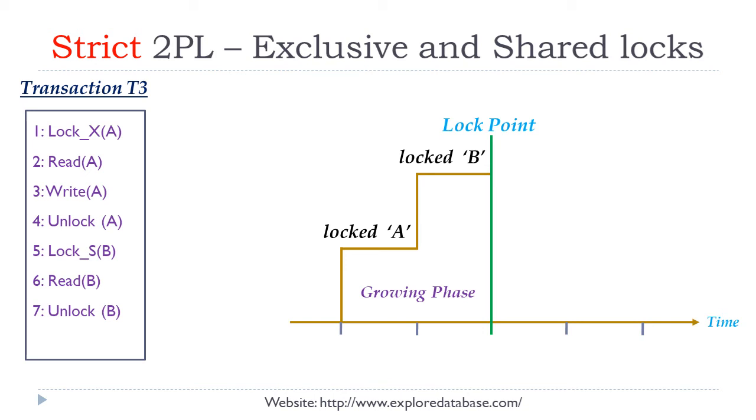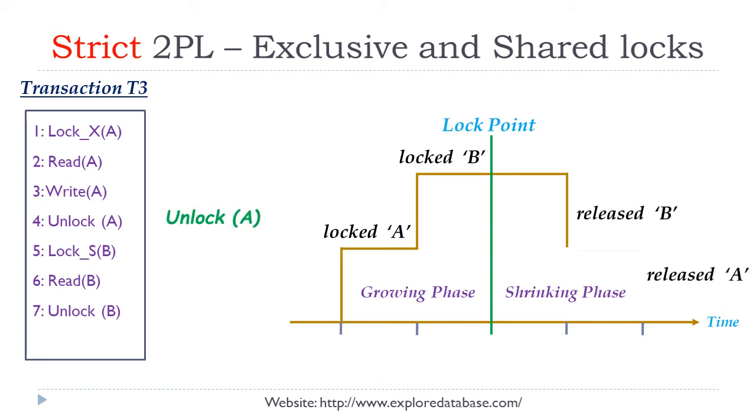But as per strict 2PL, we cannot release the exclusive lock, that is, the lock on A cannot be released, but in this shrinking phase, lock B can be released. Then we release lock A at the end of the transaction, that is, during commit or abort.